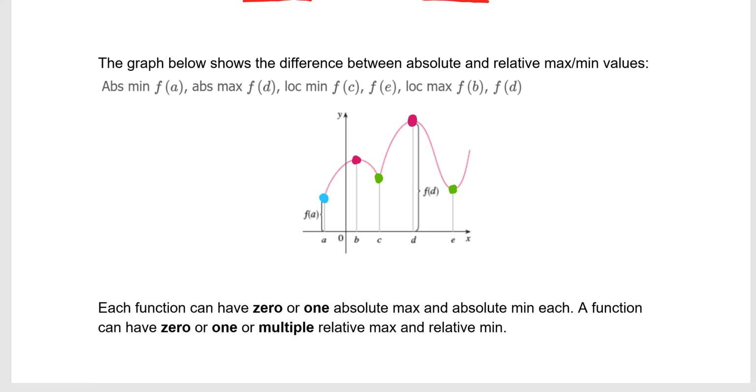There is also a relative minimum at f of e as well. So sometimes these are a lot easier than other times, but each function can have none or one absolute max and absolute min. But for a relative max and relative min, it could have none, it could have one, or it could have multiple relative max and relative min.